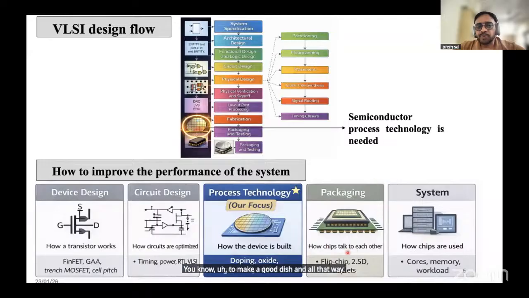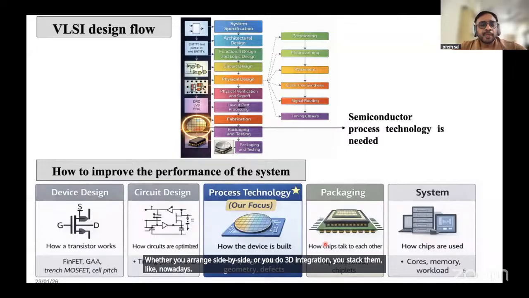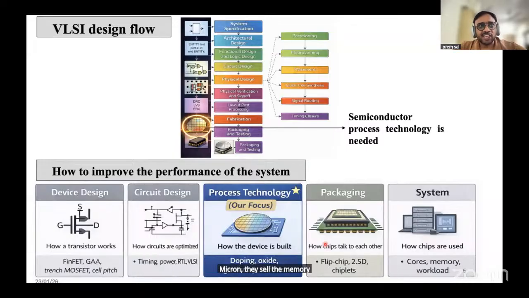Similarly, the other one is packaging. Now the chips came out of process technology. How will you arrange them, whether you arrange side by side or you do 3D integration, you stack them. Like nowadays, you have seen Micron. They sell the memory chips, like flash memory, NAND flash, all that.